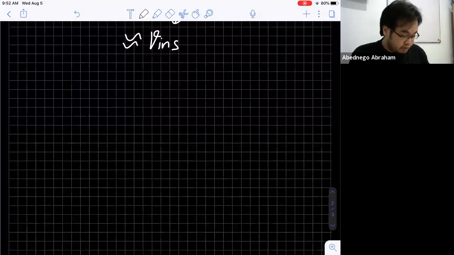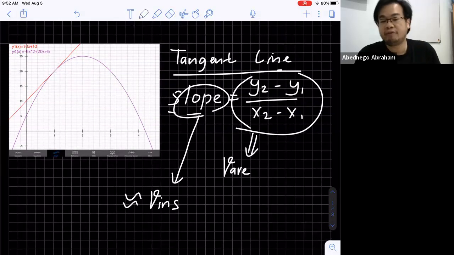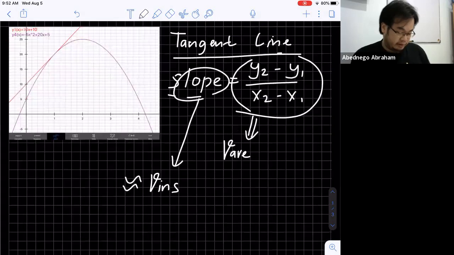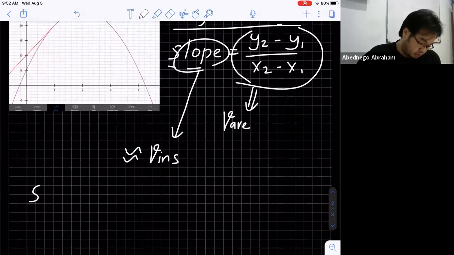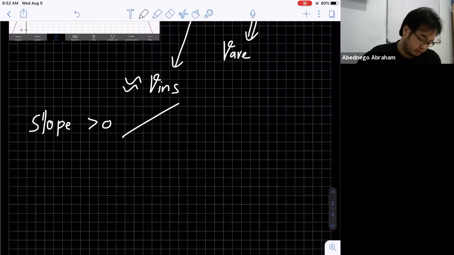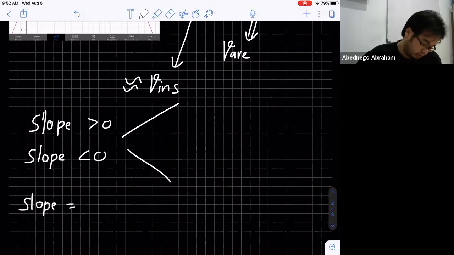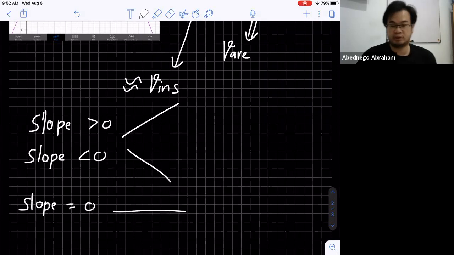If you see this graph, you have learned also that when the slope is positive, it's going in this direction, right? And when the slope is negative, it's going in this direction. And when the slope is equal to 0, it's actually a horizontal line.